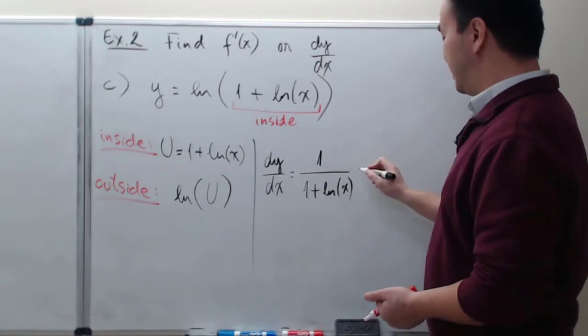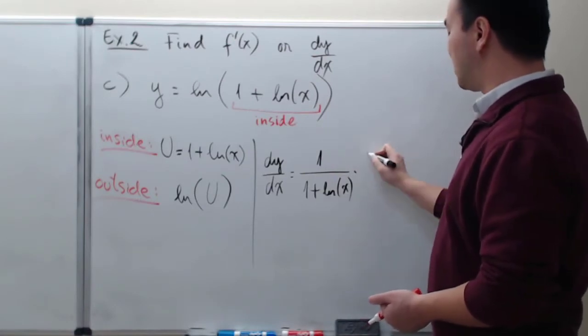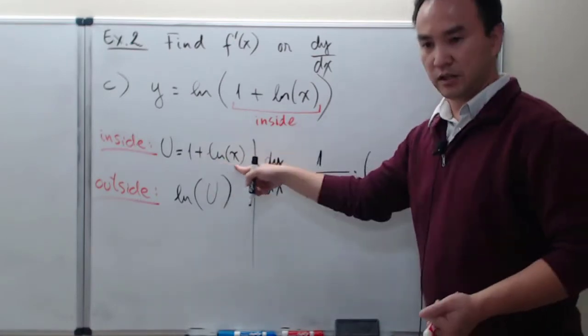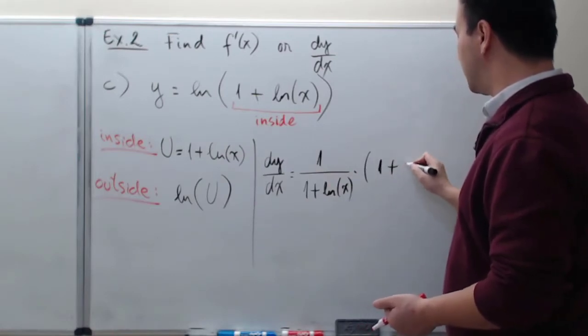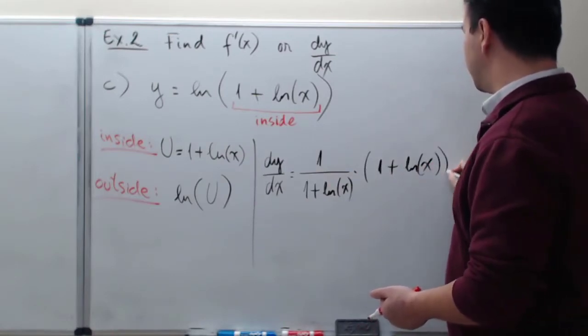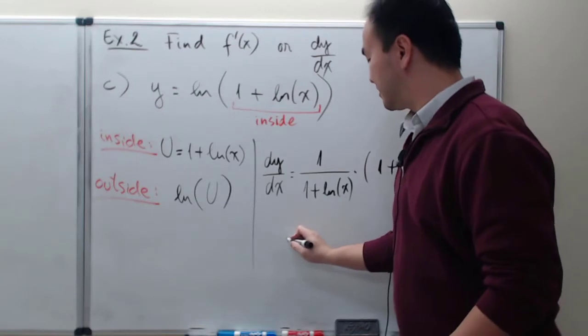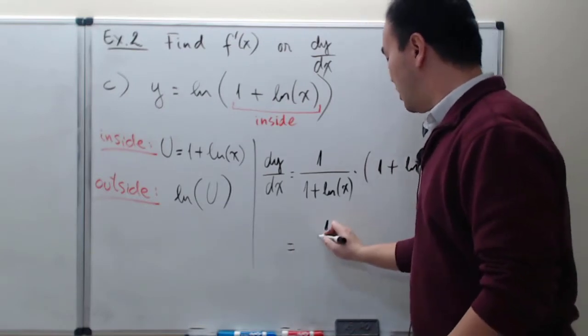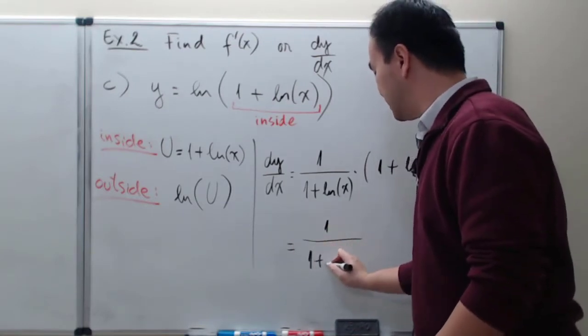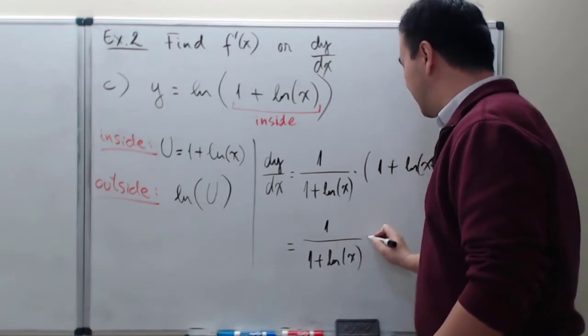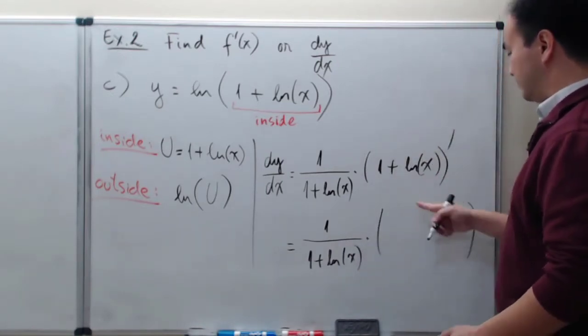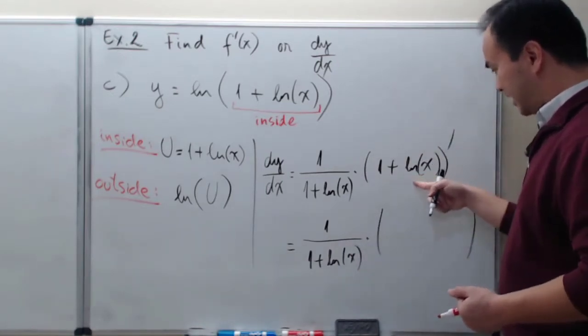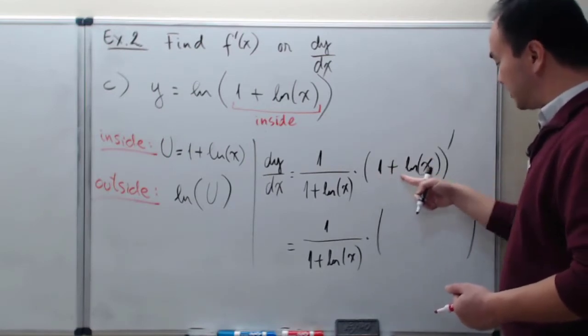Okay, so that's the derivative of the outside function. And now the chain rule says we need to multiply with the derivative of the inside. The derivative of the inside is the derivative of 1 plus natural log of x. So now I just need one more step. So 1 over 1 plus natural log of x, and now multiply. Again, the sum rule applies, meaning we can do the derivative term by term.